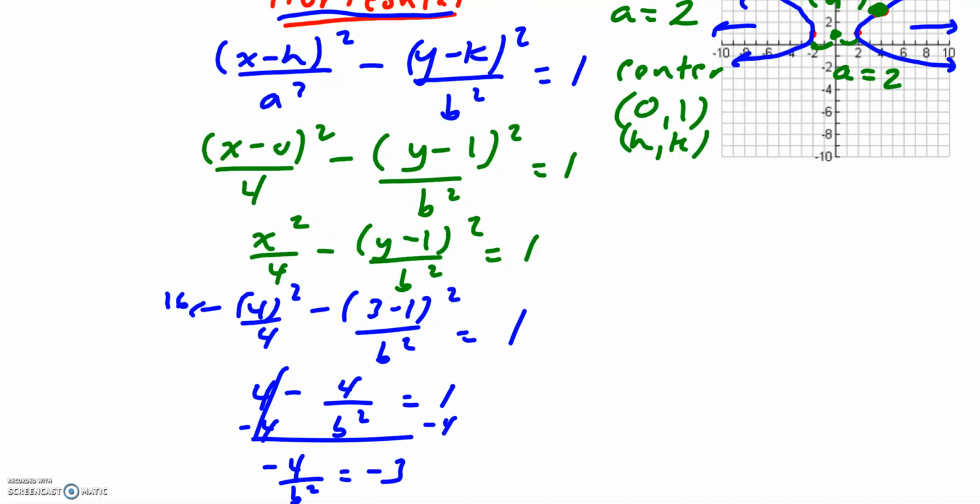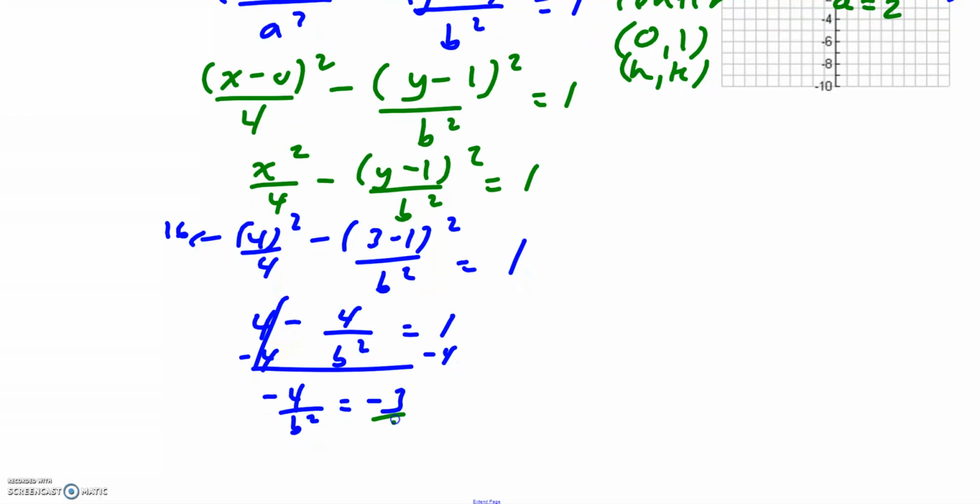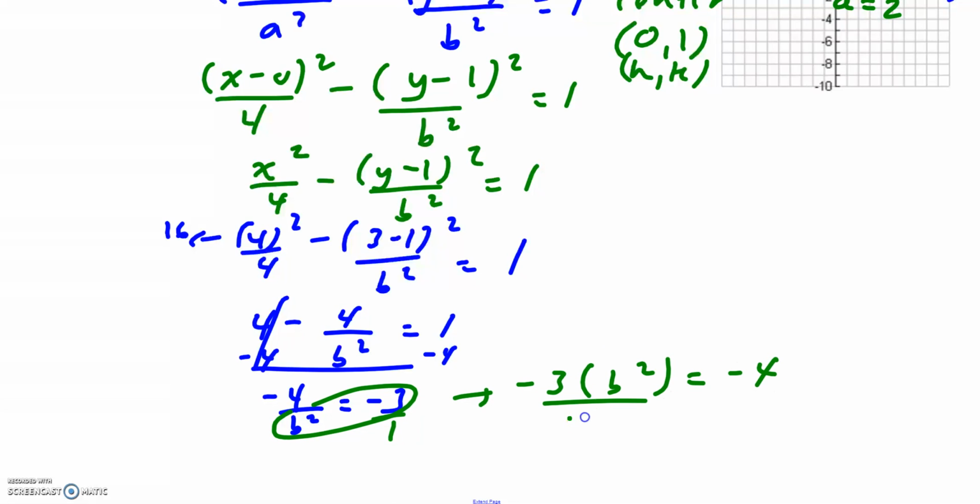And if you think of this as a cross multiplication problem at this point, we would get negative 3 times b squared equals negative 4. If we want to get b squared alone, we have positive 4/3. Now I could take the square root, but I don't really care about the square root because all I need to know for the equation is what b squared is.